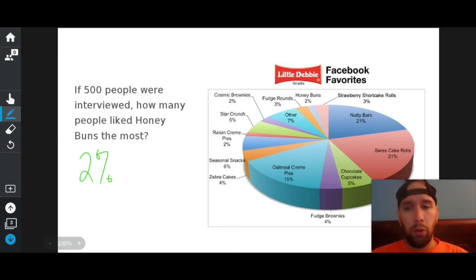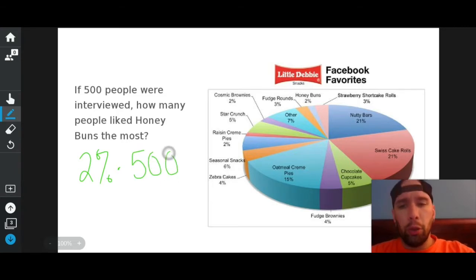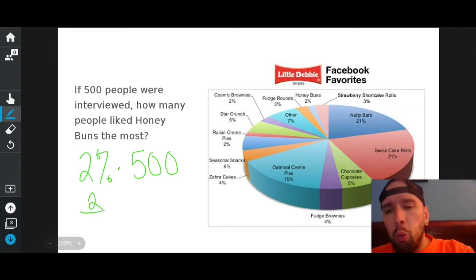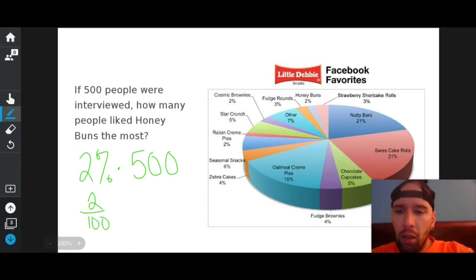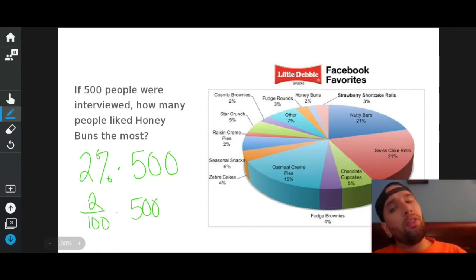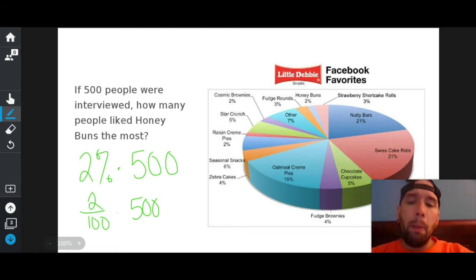500 people were interviewed. So 2% of 500 means 2% times 500. 2% means 2 out of 100 times 500. If I were to do the math there, 2% times 500 is going to end up being 10.